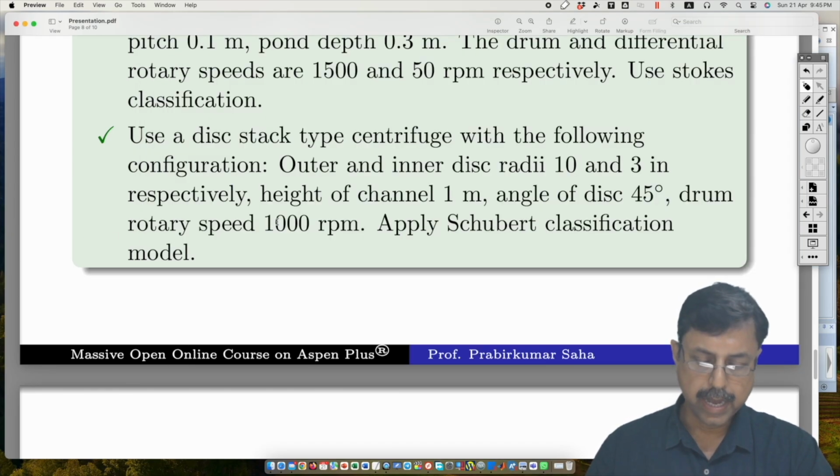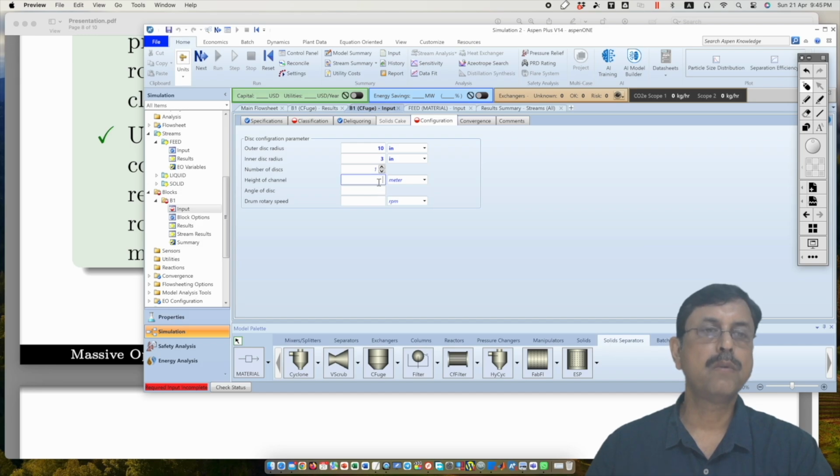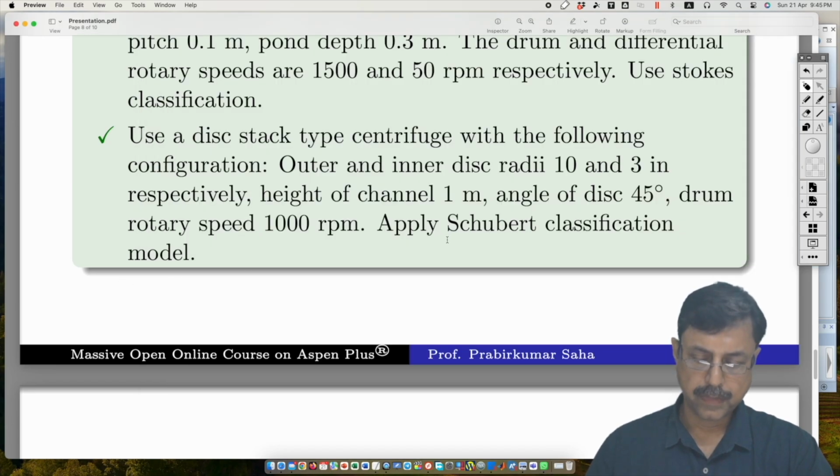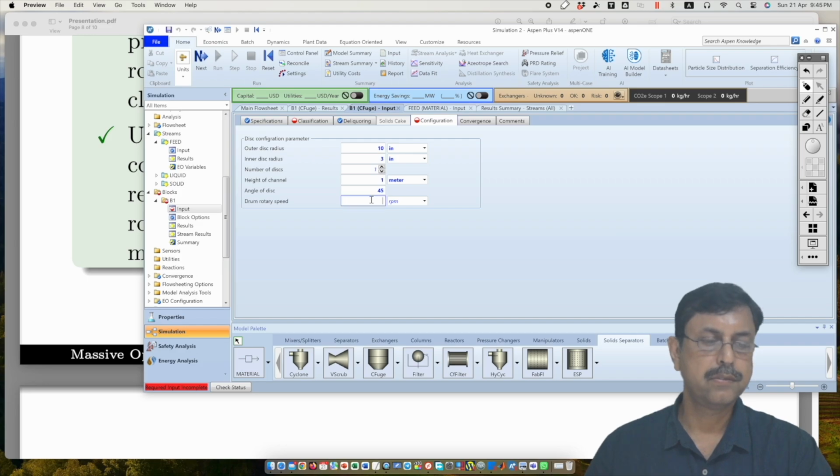What else? Height of channel is 1 meter, angle of disk 45. Drum rotary speed 1000.